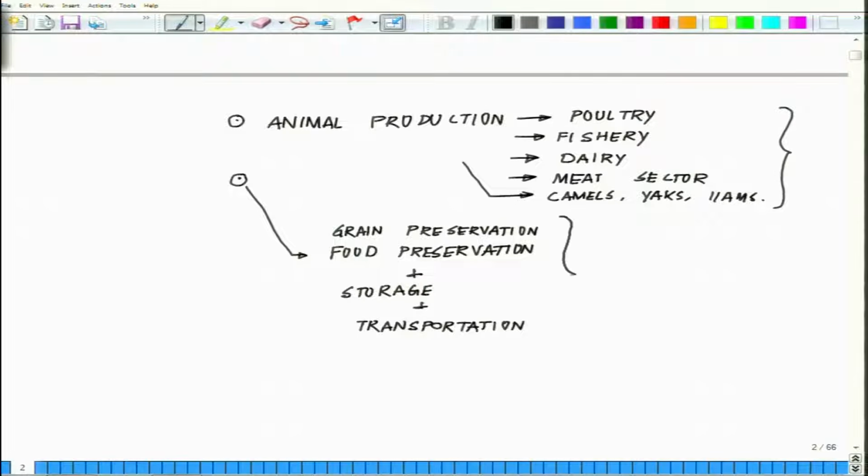This is another area which is of prime importance, which falls under a big heading.